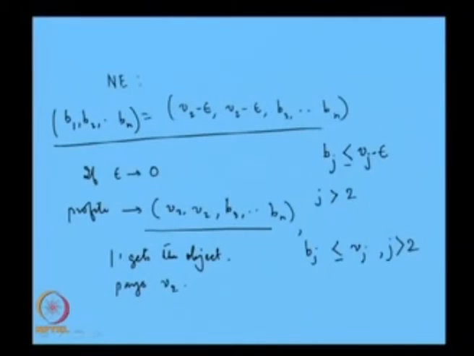And remember, this equilibrium is similar to the other equilibrium in the second price auction, in the sense that in that auction also, player 1 is getting the object and paying a price equal to v_2.